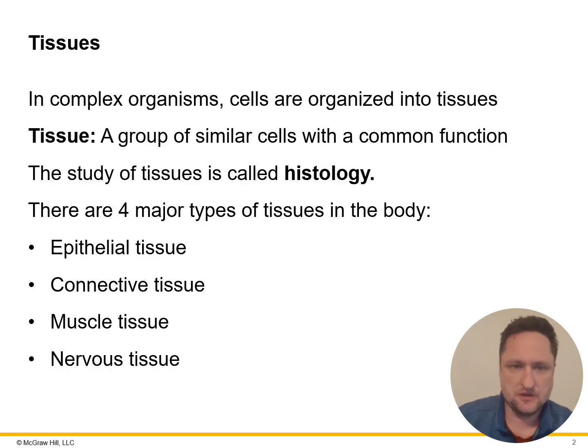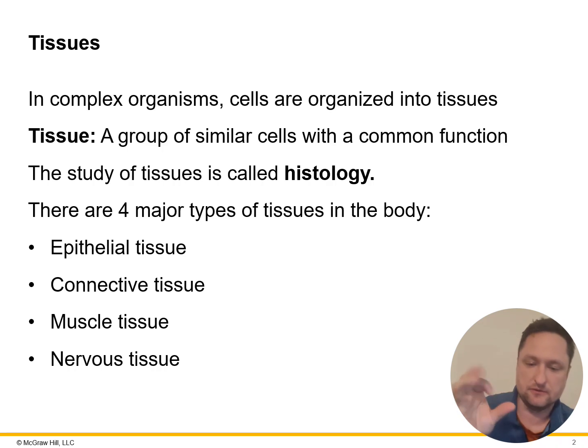Third is muscle tissue. Muscle tissue generates force and produces movement, so it allows our body to move. It's voluntary and involuntary. Our heart is a muscle that is involuntary, but our skeletal muscles are muscles that we control.